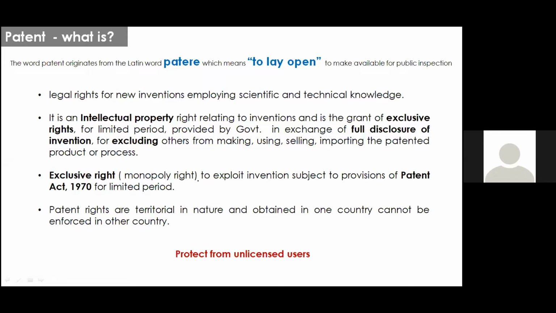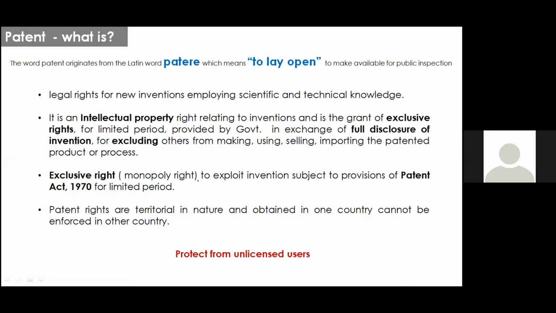So basically what it means is that it is giving you a monopoly right, so that you can use your invention for the betterment of humankind, or for industrial purposes. But it has to be subject to the provisions of the Patent Act 1970, which we will see in a couple of slides later. Also the patent is for a limited period of time, so it is not for a lifetime.